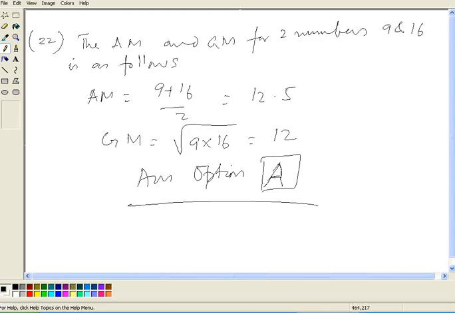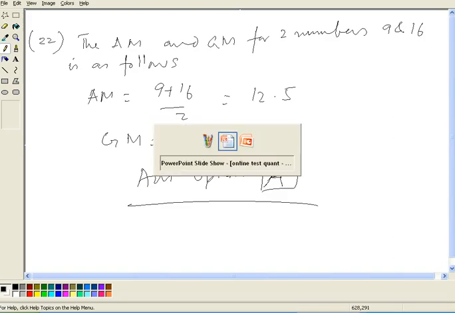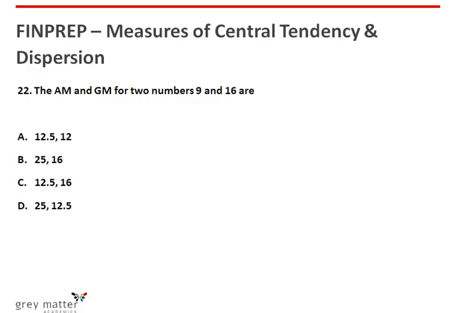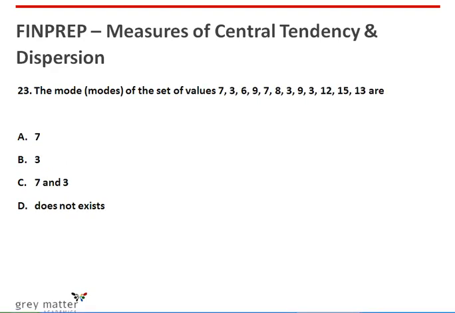Here it is 2, so 9 plus 16 by 2 will be equal to 12.5, and geometric mean is nothing but square root of those two observations, 9 and 16, which works out to 12. So the answer is option A. Going to our PowerPoint presentation, it is option A, which says 12.5 and 12.